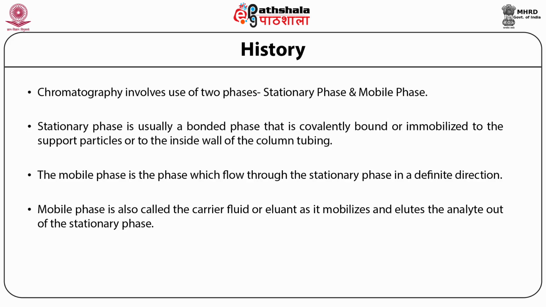The mobile phase moves through the stationary phase in the chromatography column, where the sample interacts with the stationary phase and is separated because the different components of the mixture adhere to the adsorbent with varying degrees of strength. They also migrate different distances through the adsorbent as the eluent flows through it.